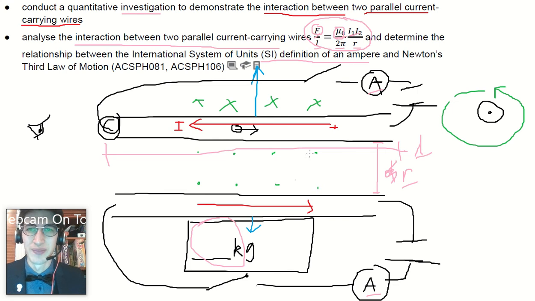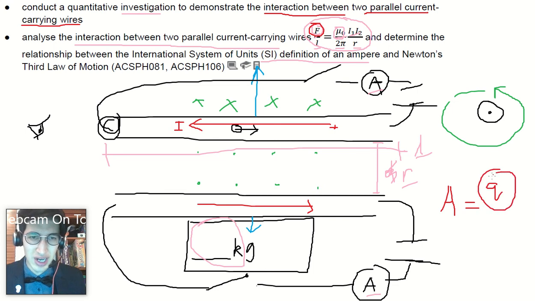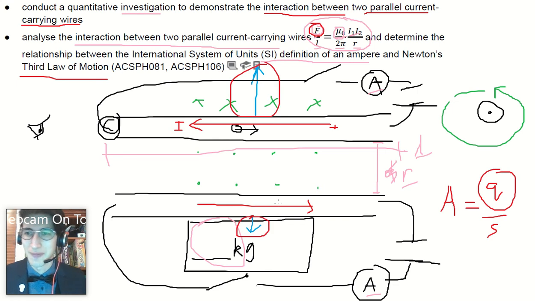The old definition used to be that 1 amp is the exact amount of current to get a certain amount of force, and the new definition is that an amp is the exact amount of current that gets you this amount of charge per second. So it used to be based on the amount of force, now it's based on the amount of charge, and the amount of force came from Newton's third law of motion. The equal and opposite forces here and here should be equal in size. That's it.